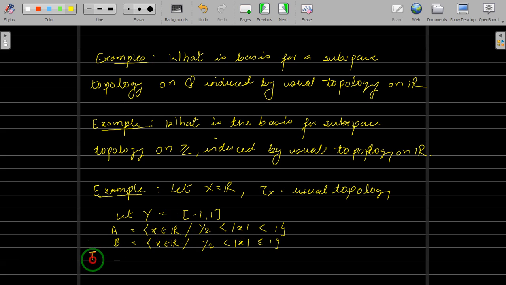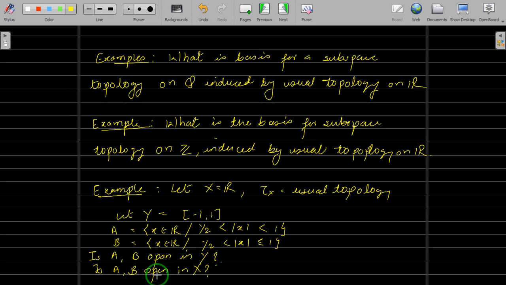Now the question is: are A and B open in Y? And second, are A and B open in R? You can answer both questions, understand, and clear your doubts.